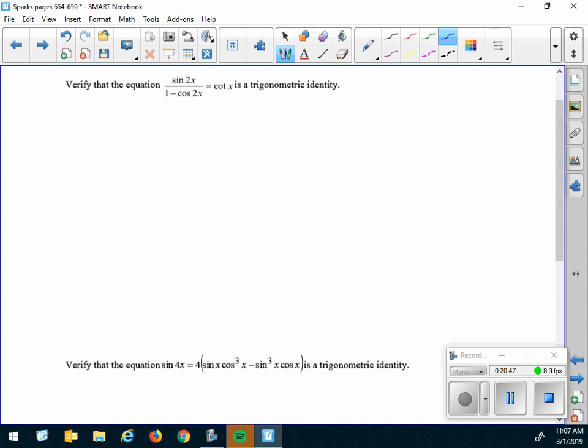Verify that that equation is a trig identity. Well, I bet you we're going to have to start on which side? Yeah, I'm probably going to start on the left. All right, sine 2 theta, sine 2x. I know that one. Now, denominator, 1 minus.